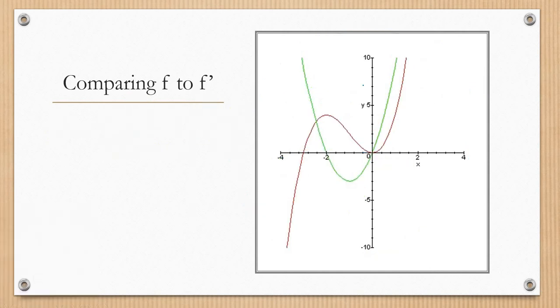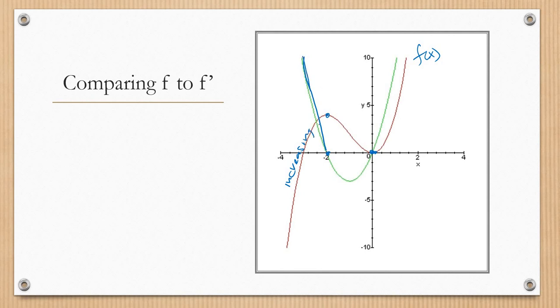So again, on my function f of x, I'm going to be looking for maxes and mins, which translate to zeros on my derivative graph. Increasing function means a positive value on my derivative.